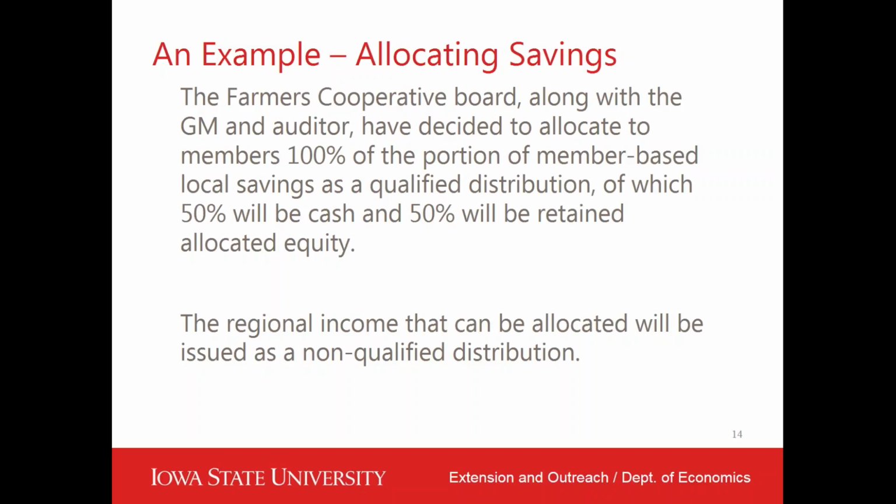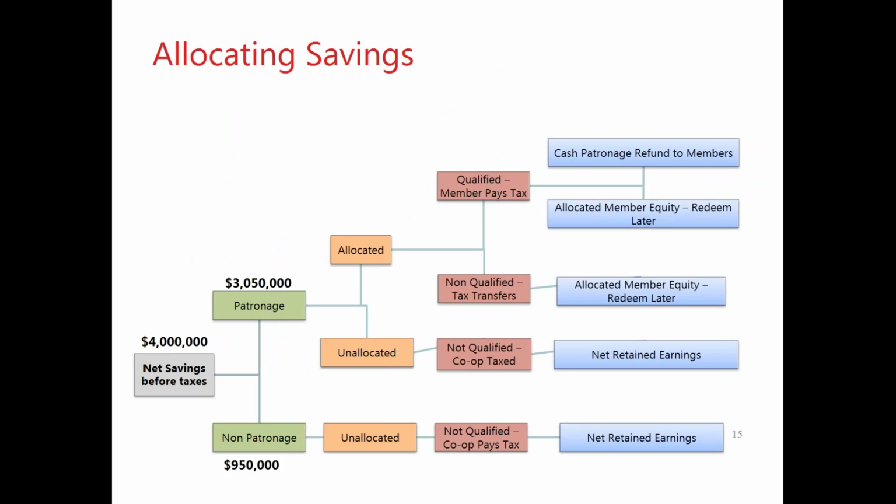It's regional income that they have to count for tax purposes, but the local cooperative, in this case Farmers Cooperative, has no control over whether that's redeemed to them or when that's redeemed to them. So to assign it in members' names with a guaranteed redemption schedule becomes a bit risky if they've not yet received it from the regional cooperative. So I'm keeping those two lines separate here.